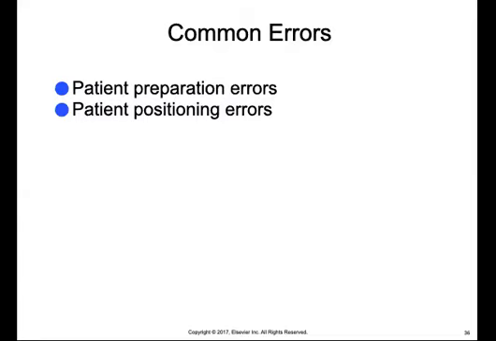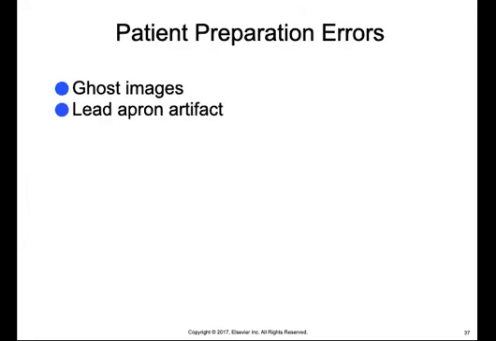Some common errors include patient preparation and patient positioning. To produce a diagnostic panoramic image and minimize the patient's exposure, mistakes should be avoided. When you have a patient preparation error, or when you fail to properly prepare your patient, you can have ghost images and you can have lead apron artifacts.